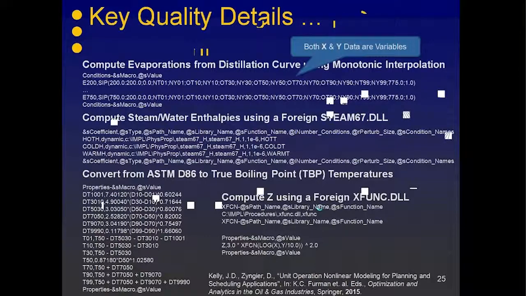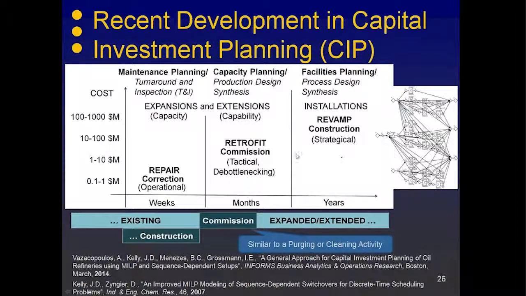A recent thing that we're doing with IMPL, which we don't believe anybody else has ever looked at before. Again, there's always a network, there's always a flow sheet. In a lot of chemical engineering work, people looking at process design synthesis, capital investment planning, or retrofits would have specialized formulations for that. But when you look at it from a semantic or meta constraint perspective, you can view this in a different way.